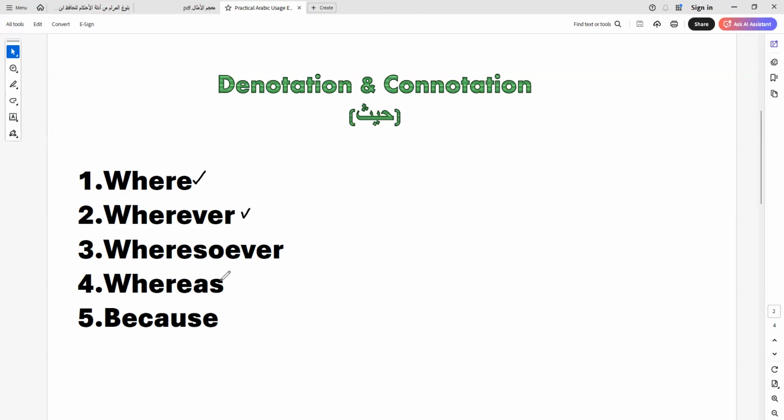It can also mean whereas or because, and sometimes since or as. So you can see that the word haythu is highly dynamic in connotation and denotation in the Arabic language.